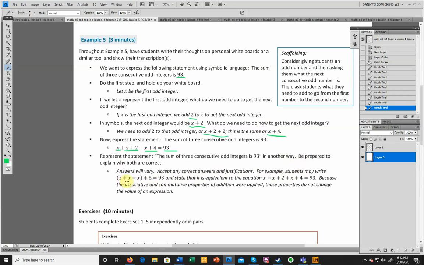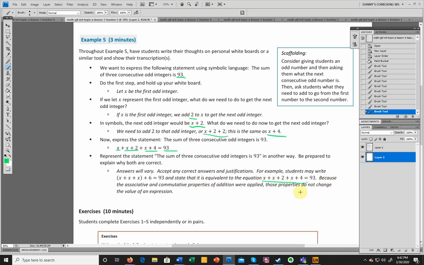You could write x plus x plus x plus 6 equals 93. And that's the same as writing this, because the associative and the commutative properties of addition were applied. Those properties do not change the value of the expression.